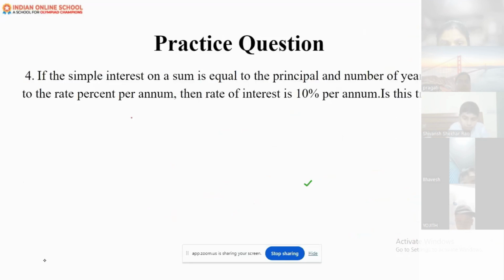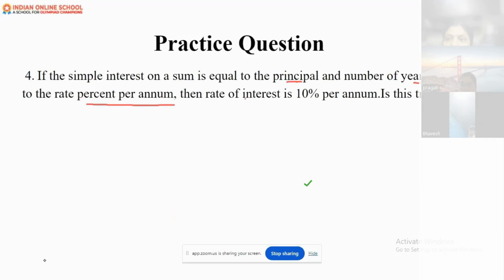So this is the question. If the simple interest on a sum is equal to the principal and the number of years is equal to the rate of interest per annum, then the rate of interest is 10% per annum. Is it true? What is the question saying? The simple interest is equal to the principal.